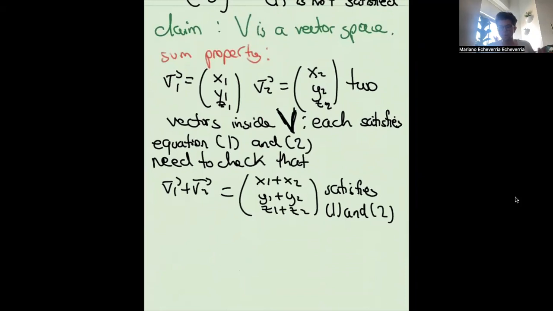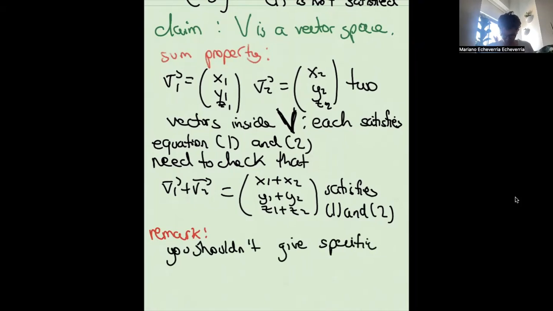So let me write that as a remark, because I think that's essentially where most confusion occurs. You're not supposed to give specific entries to V1 and V2. So you don't say that this is like 1, 2, 1 or something like that.